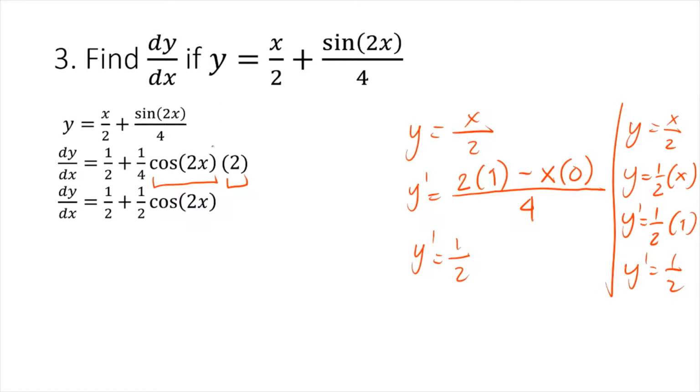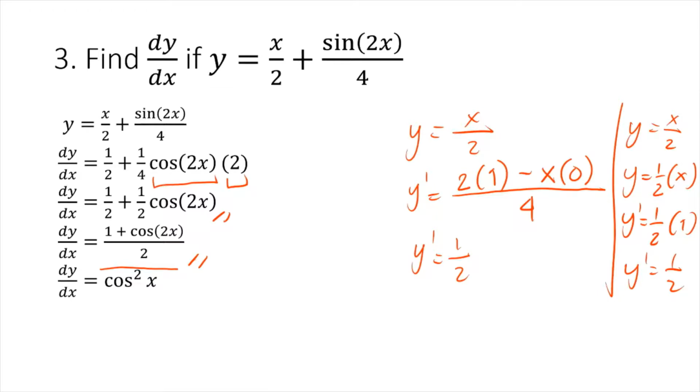We can actually consider this as the final answer, or in this form. However, because of the concept of trigonometric identities, we can rewrite this expression into another form. This is actually the half angle identity of cosine squared of x.